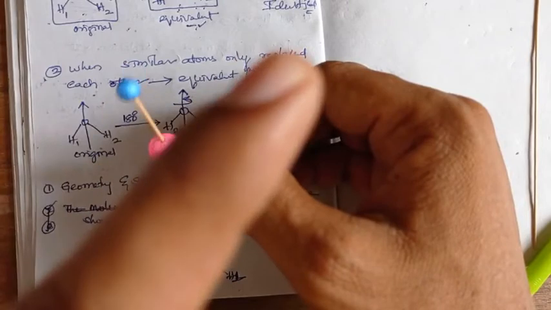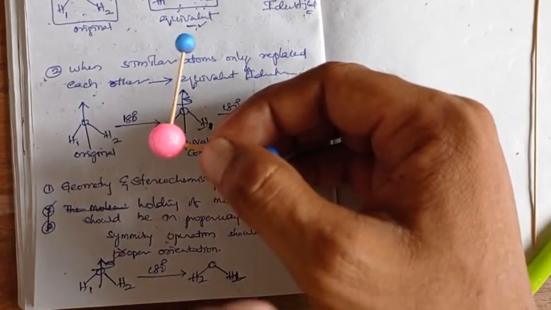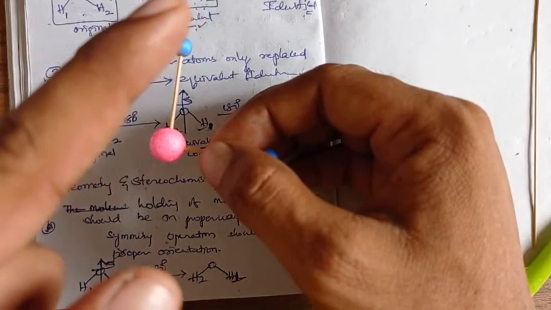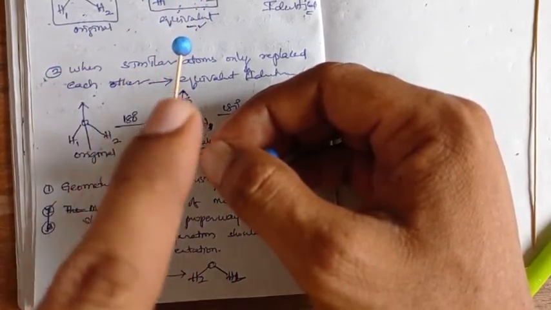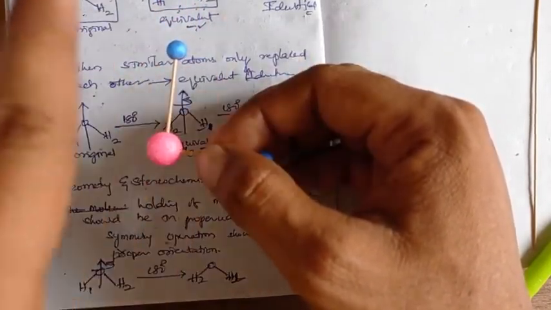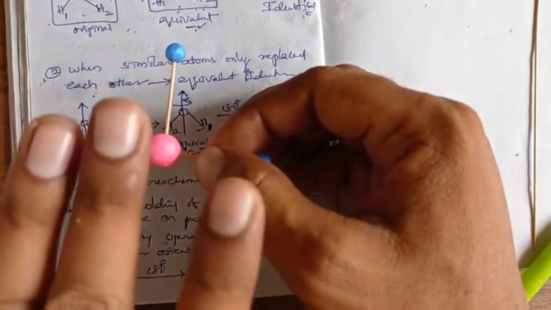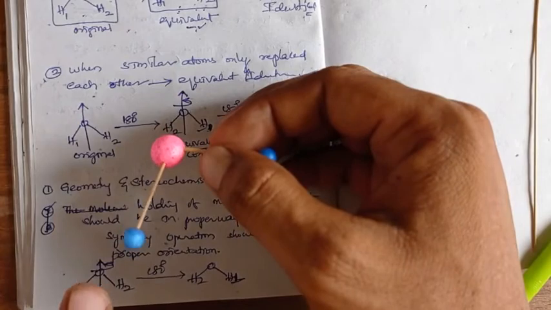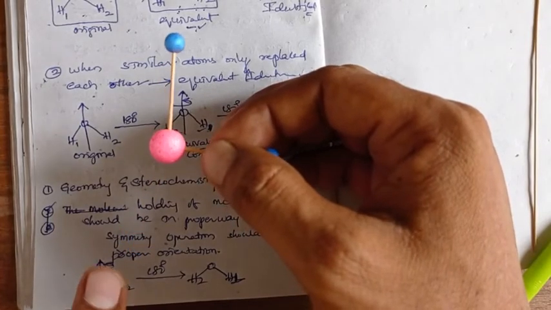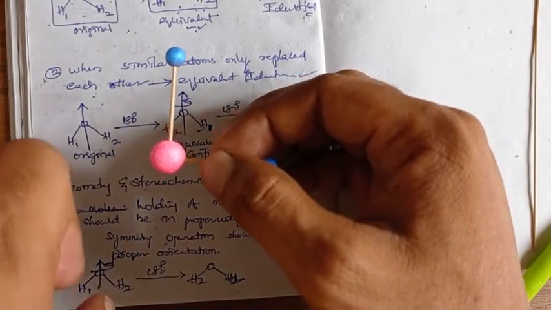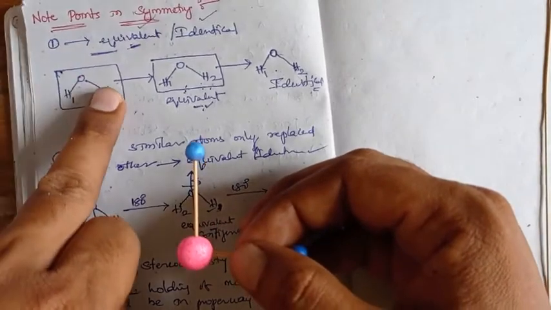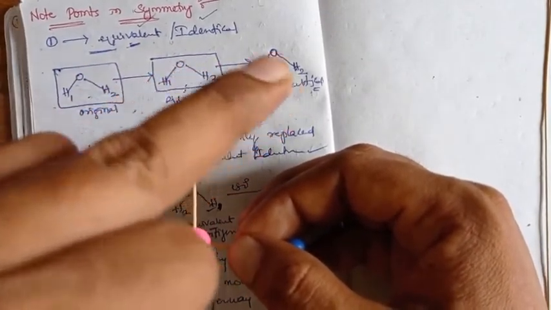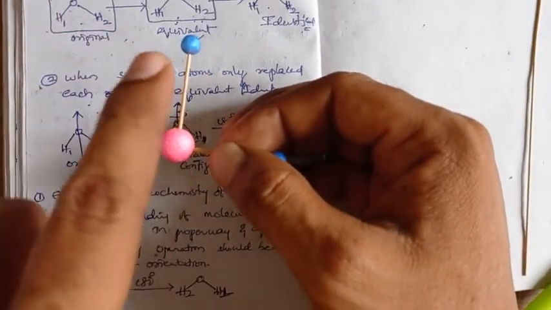The below hydrogen is going towards an empty space above. Are similar atoms exchanging, are all the atoms in the same position? No, the atoms are changing position. This particular hydrogen is changing its position, so we cannot have the first option. When it is not having the first option, an equivalent or identical configuration is never generated.